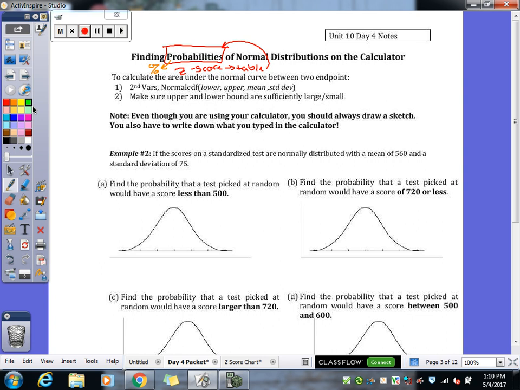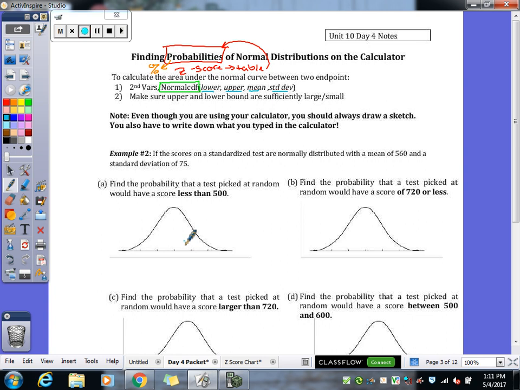So what we're going to be doing is using this function called normal CDF. That's code for finding the probability underneath the curve. The way we do this is we need to know a lower bound, an upper bound, your mean, and your standard deviation.